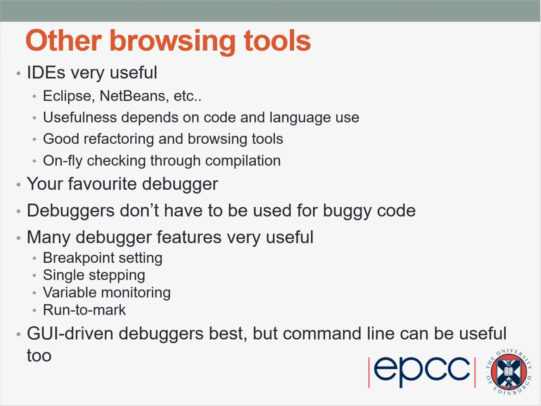And for more complex programming languages, particularly the object-oriented programming languages, where we have multiple inheritance and function overloading, just looking at the source code doesn't necessarily fully tell you exactly what's going to happen, because it very much may depend on what data types you're using as to exactly which versions of a function or a routine are called.